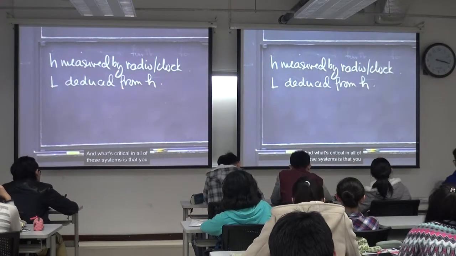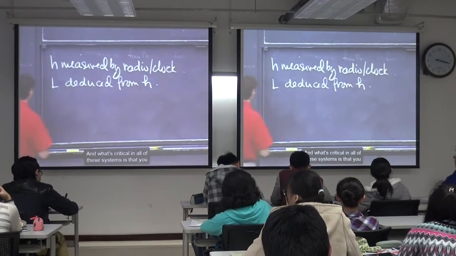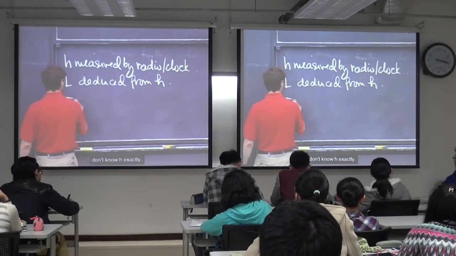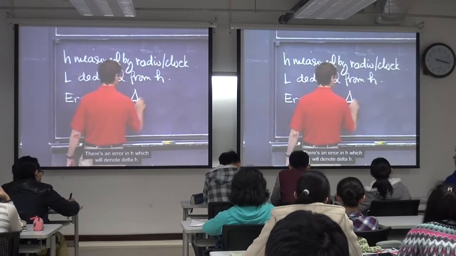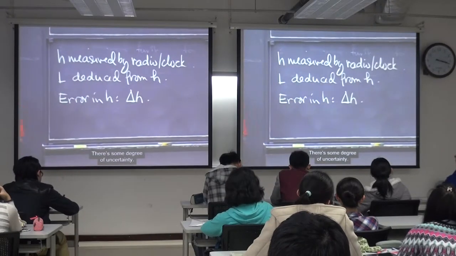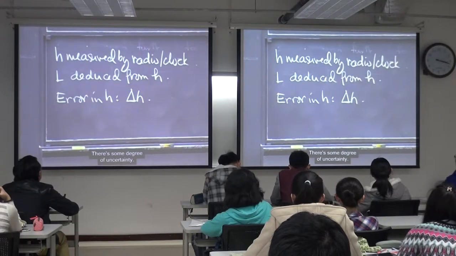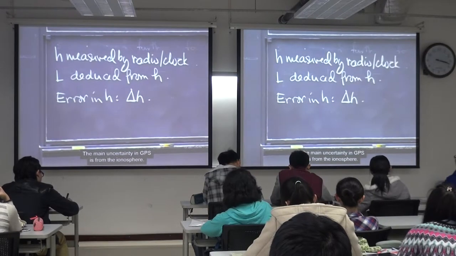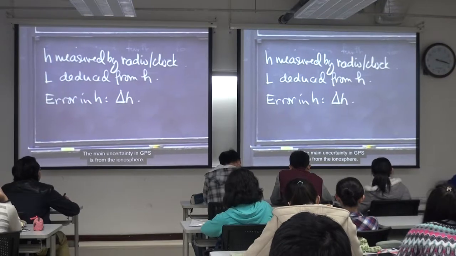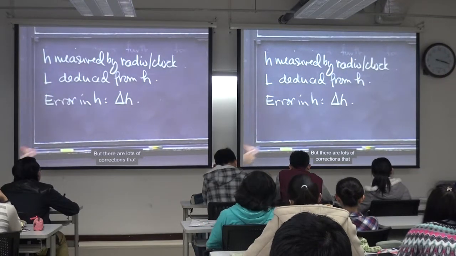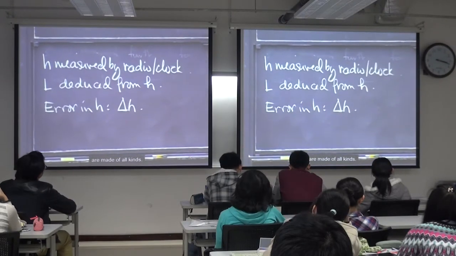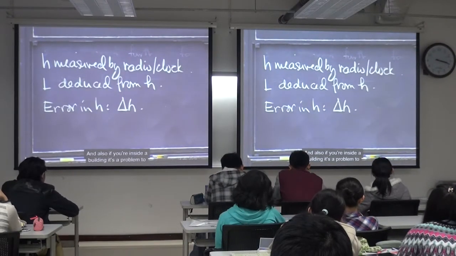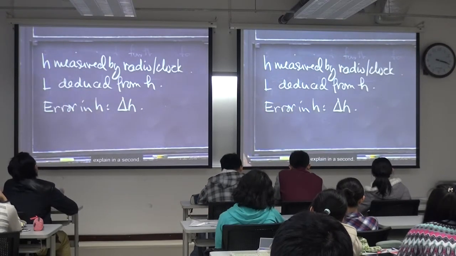And what's critical in all of these systems is that you don't know h exactly. There's an error in h, which we'll denote delta h. There's some degree of uncertainty. The main uncertainty in GPS is from the ionosphere, but there are lots of corrections that are made of all kinds. And also, if you're inside a building, it's a problem to measure. But it's an extremely important issue, as I'll explain in a second.